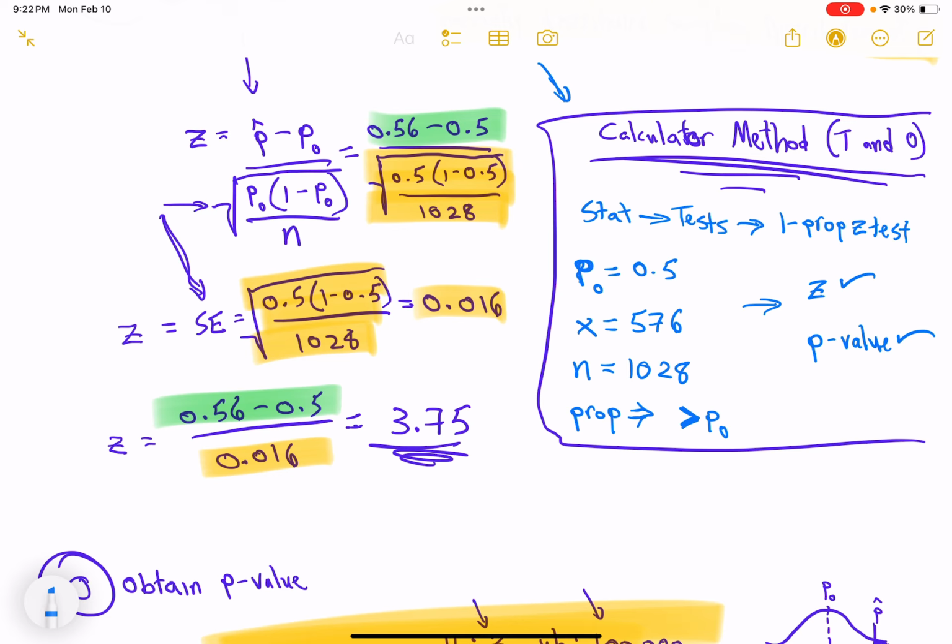I went for 576. n is the sample size, 1,028 in this case, and then prop just tells me whether the alternate is greater than, less than, or not equal to. In this case, it was greater than, right? We want to show that the actual parameter is greater than the null proportion, so we clicked that one. That gives us our z-test statistic. It also gives us our p-value.